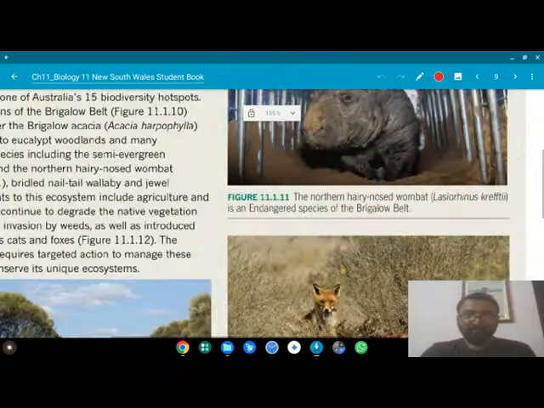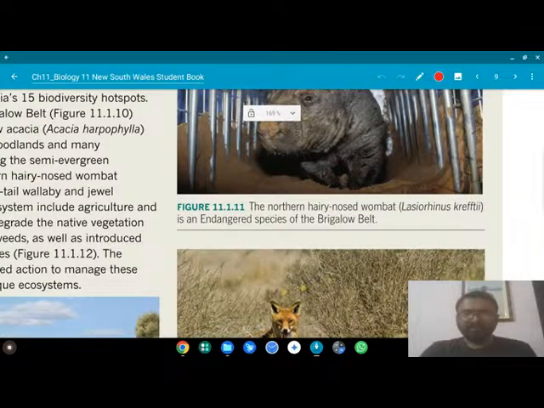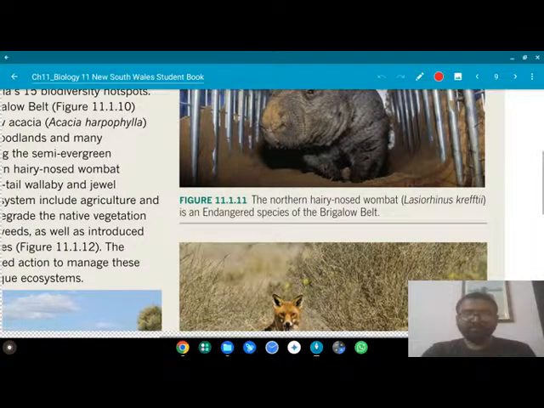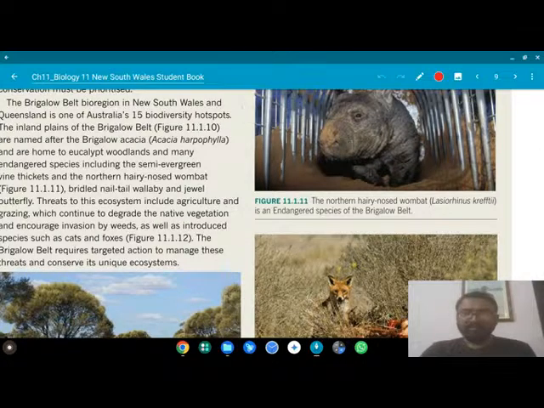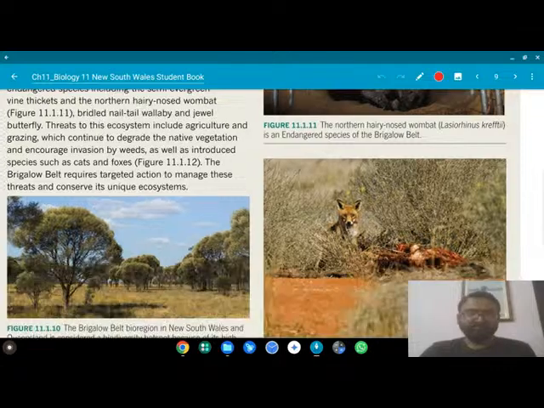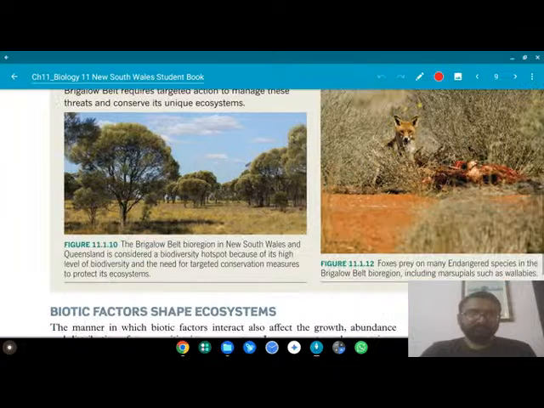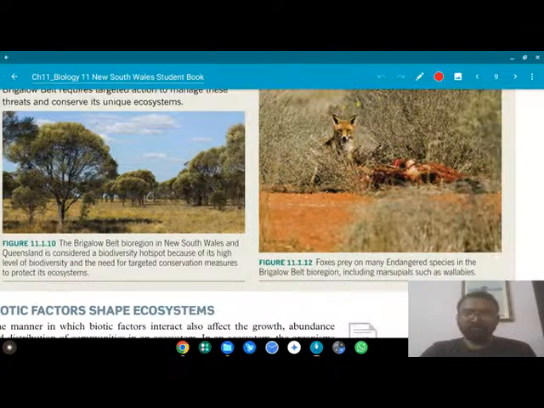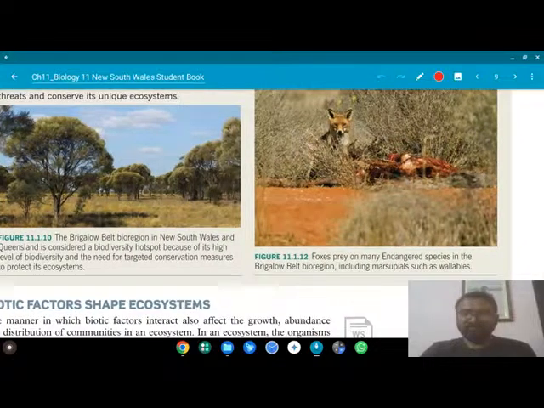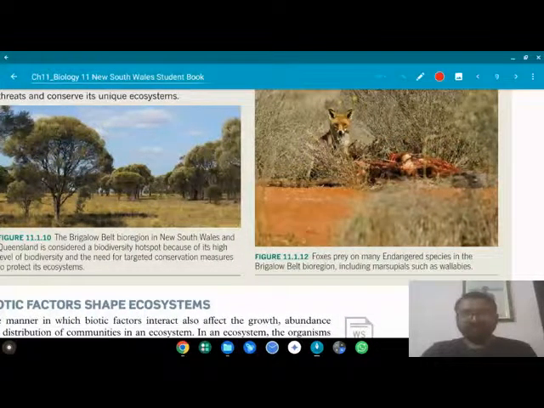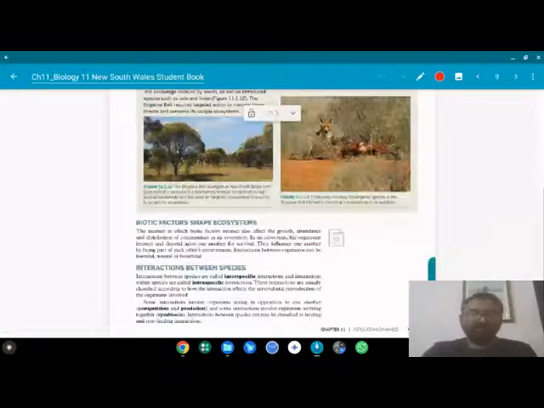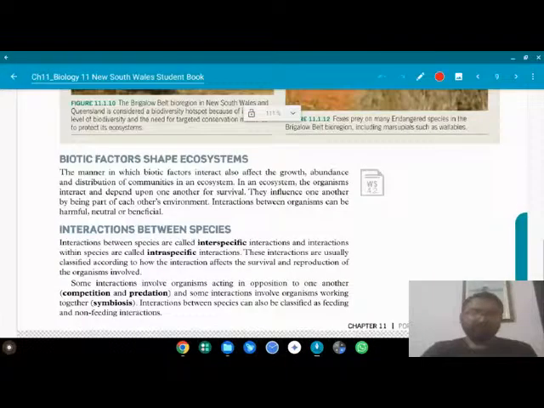Here he is showing the northern hairy-nosed wombat, an endangered species of the Brigalow Belt. It is a forest range, and foxes prey on many endangered species in the Brigalow. Now, biotic factors: ecosystem interaction between species.